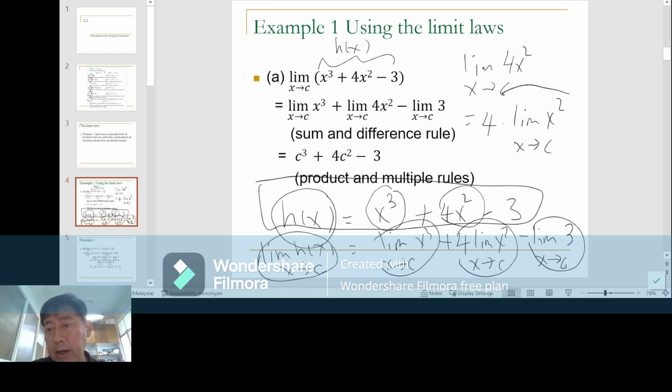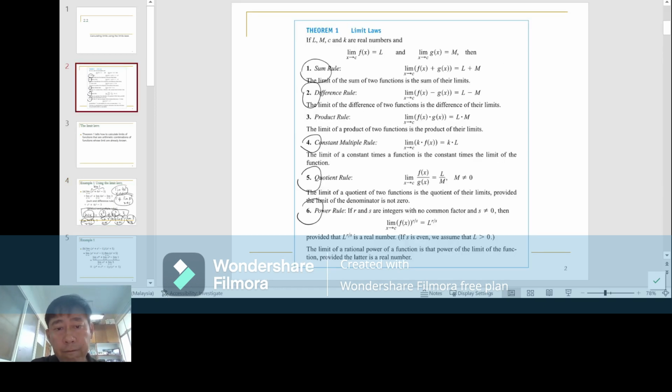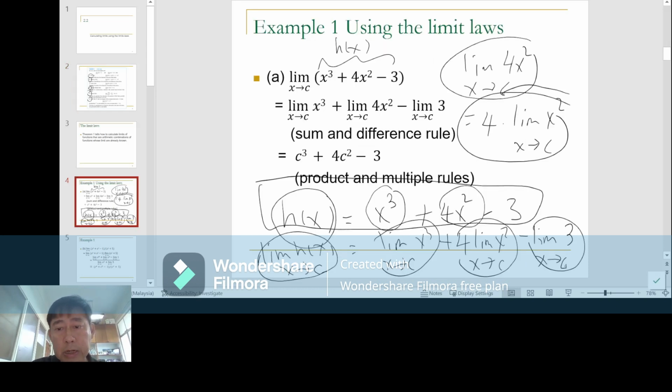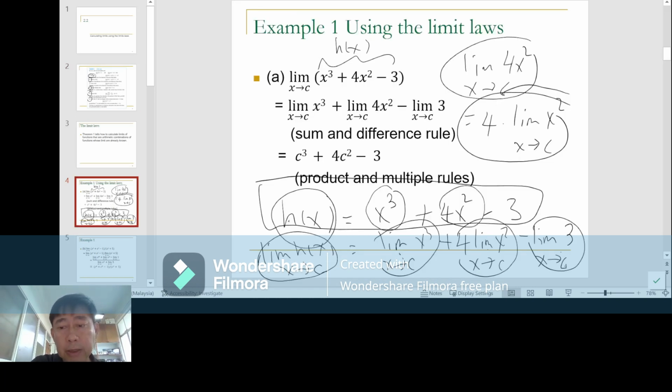So when I write from here to here, I am actually making use of the constant multiple rule. Okay, so when I write down the limit of h(x) equal to the sum of these three terms, I am making use of the sum rule. Okay, so these are very simple examples of the applications of the limit law.